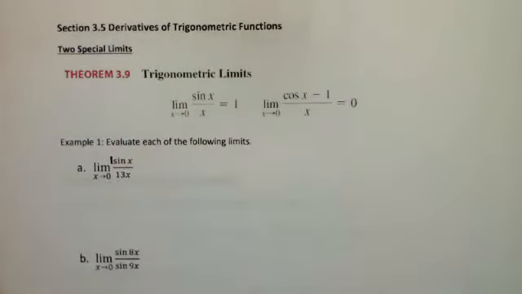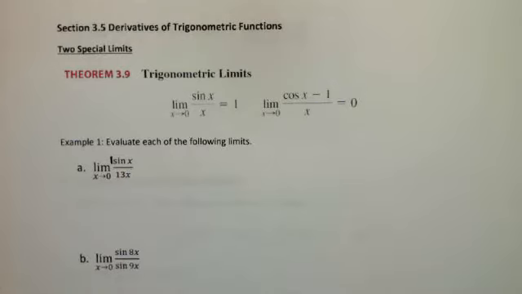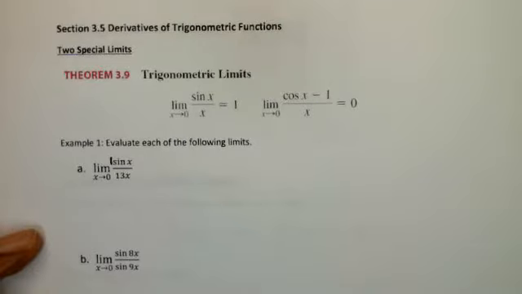Now, in this case, the coefficient in front of the sine of x is going to be 1. With that problem, I'm going to use the constant multiple rule, where if I have the limit as x approaches some constant of c times f of x, I can pull the constant out in front and then take the limit of the function containing x in it.